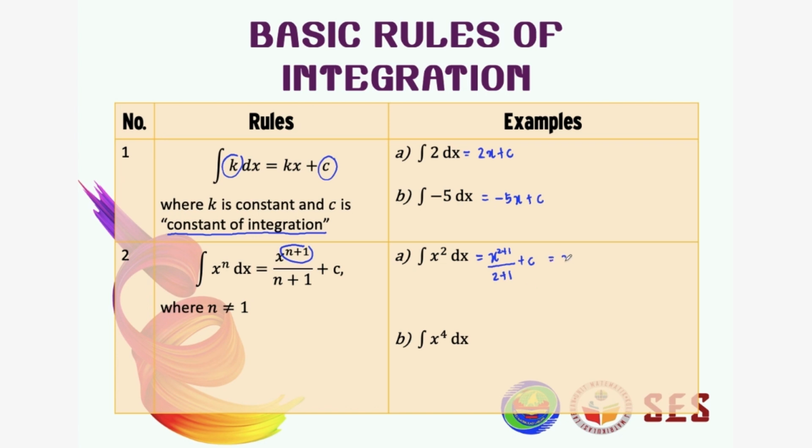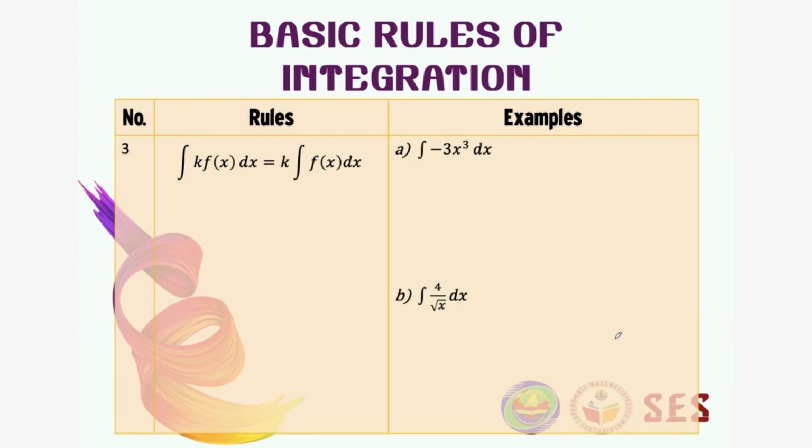So we should get x to the power of 3 over 3 plus c. Same goes for this one, we should get x to the power of 4 plus 1 divided by 4 plus 1 and our c. So we should get x to the power of 5 over 5 plus c. Okay? So moving on to the next rule.